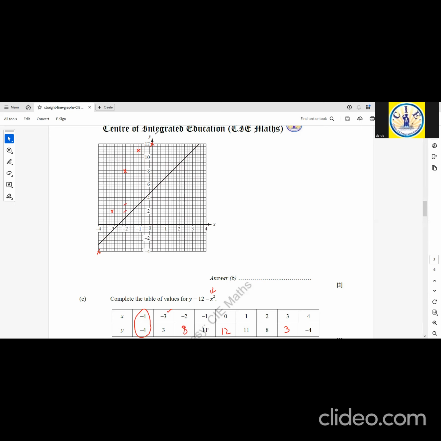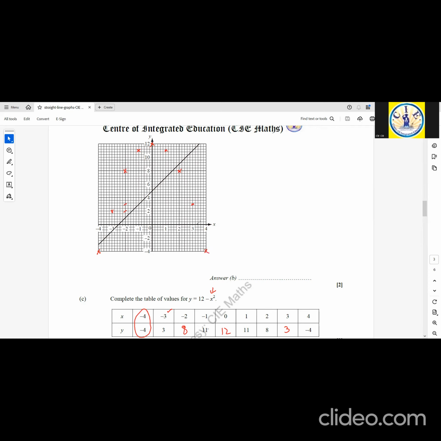Then 1 corresponds to 11. This one. Then 2 corresponds to 8. This one. 3 corresponds to 3. Here. And then 4 corresponds to -4.